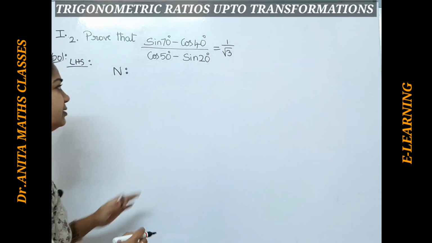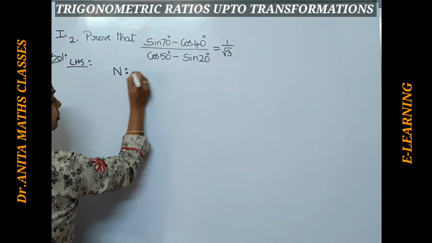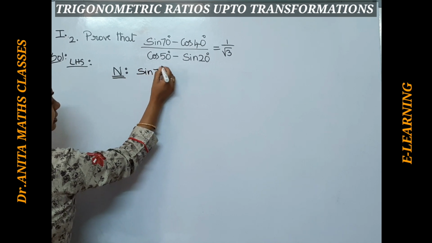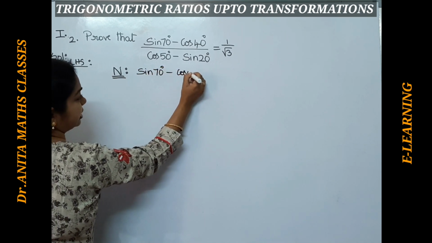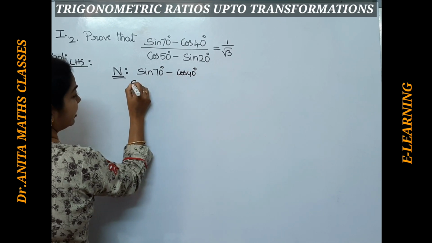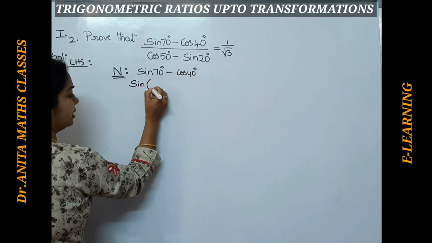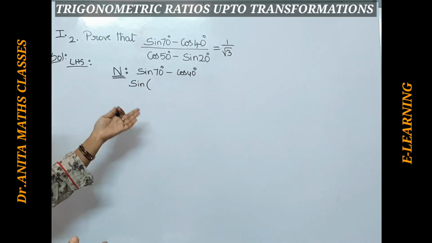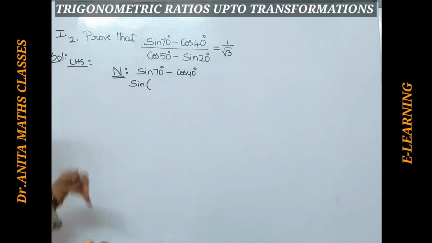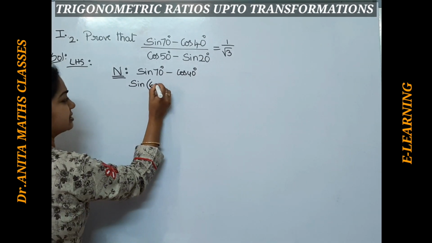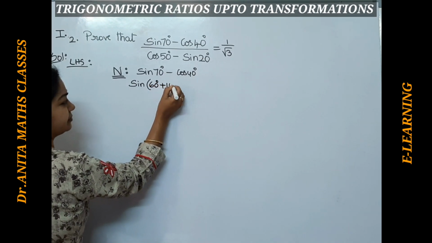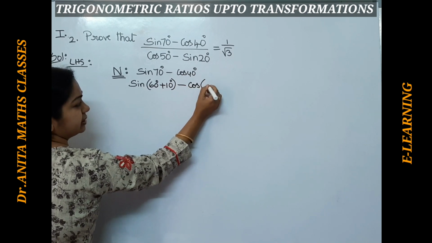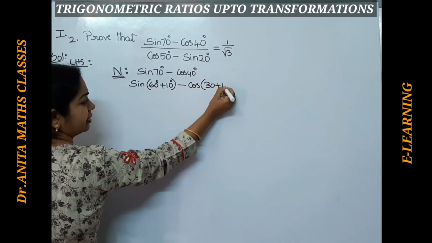The numerator is sine 70 minus cos 40 degrees. So I can write this as sine of a plus of something: 30 plus 40 you can write, or else 60 degrees plus 10 degrees. And cos we can also write as 30 plus 10.